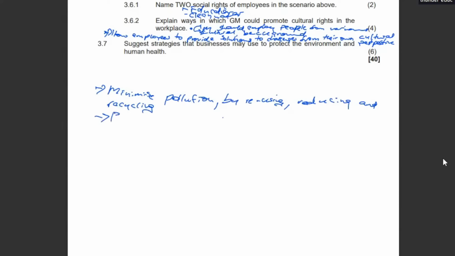Also promote nature conservation by looking after natural resources.